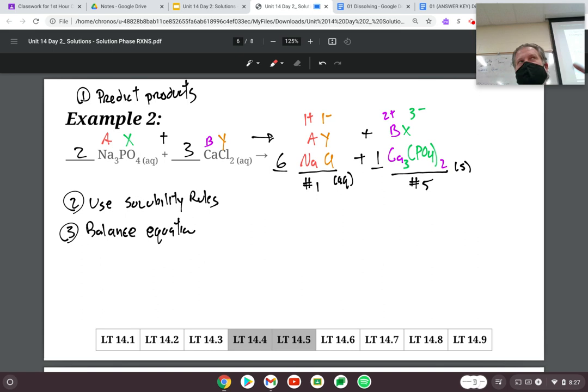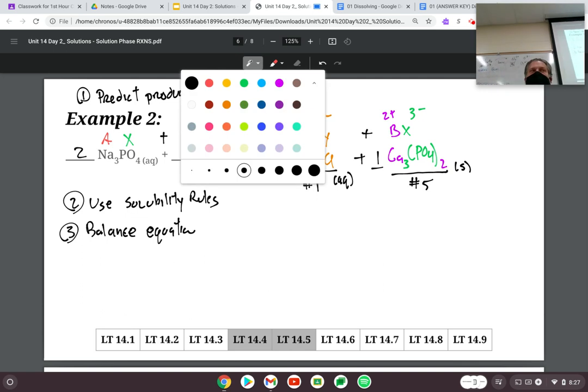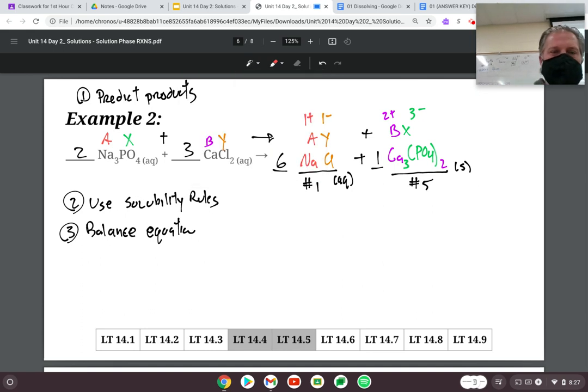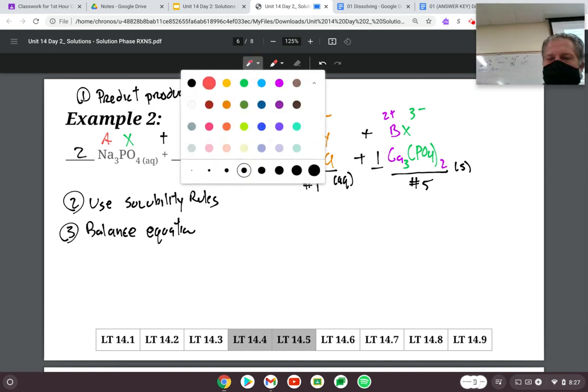So now I got to figure out what my spectator ions are, and I have to write my net ionic equation. The easiest way for me to do that is to write all of the ions out and then figure it out.